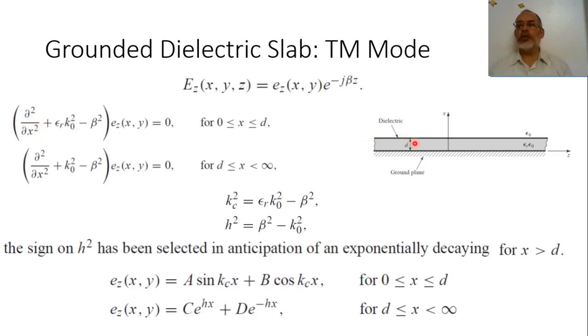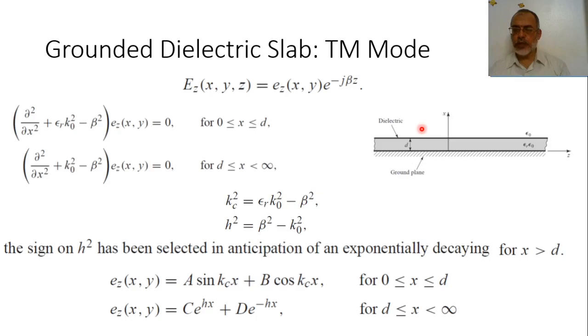The question now is, what is kc? We know that kc squared is k squared minus beta squared. But in the present case, we have two values of k: k inside the dielectric medium and another k in the free space. Inside the dielectric medium, k equals square root of epsilon r times k naught, and in the free space, it is k naught.